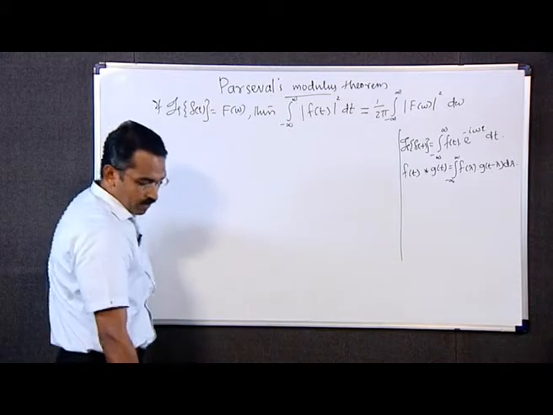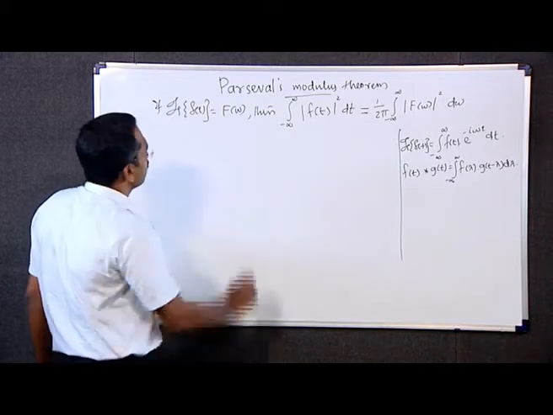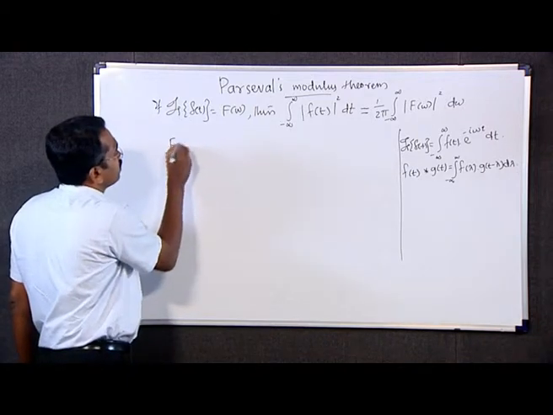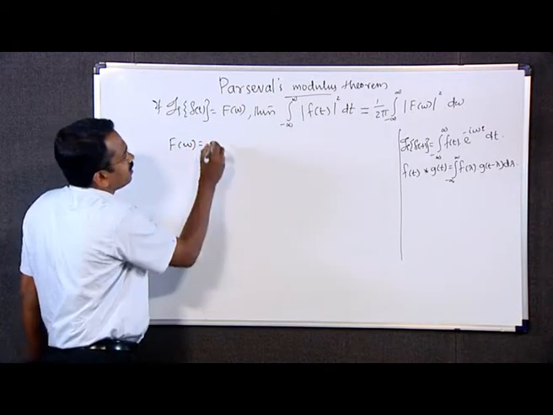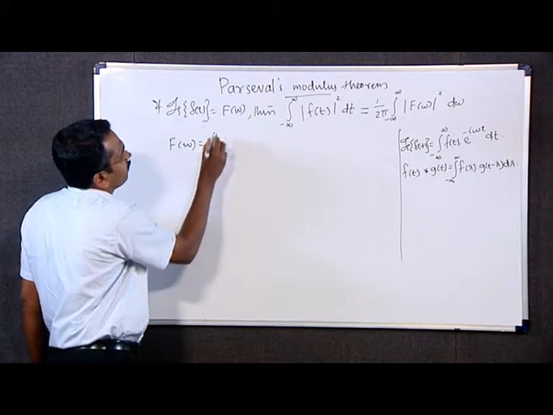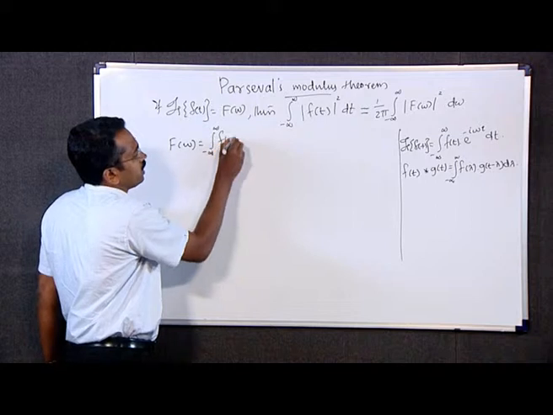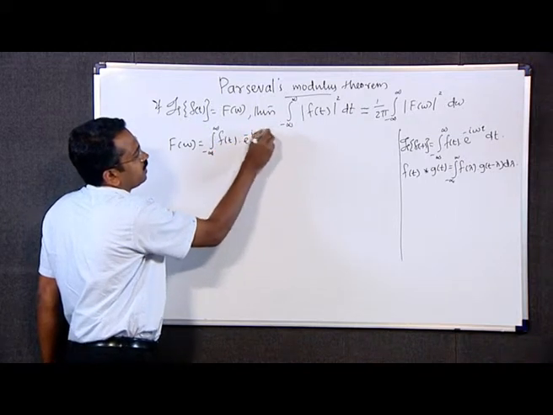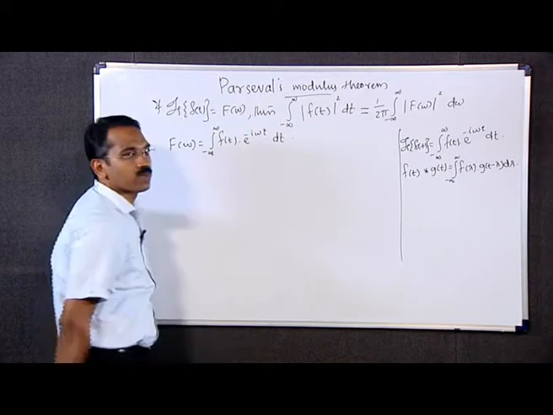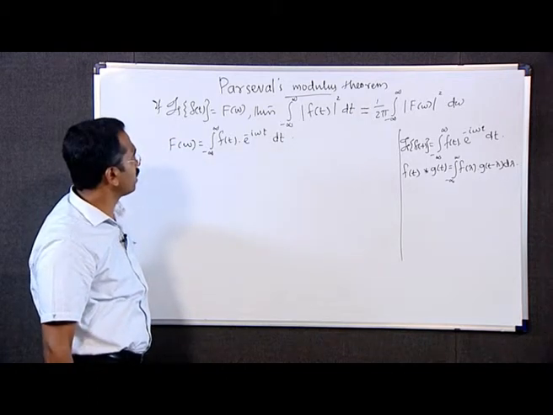Now, consider here F of omega. By the definition, it is integral from minus infinity to infinity f of t into e raised to minus I omega t dt. This is the definition of Fourier transform.